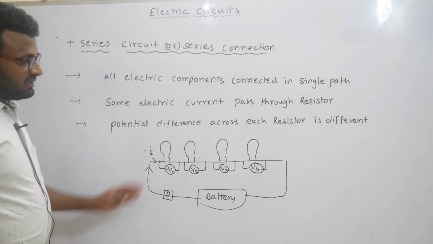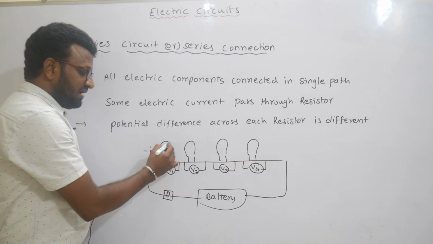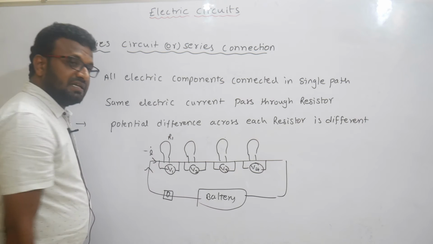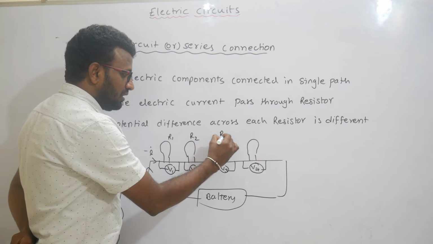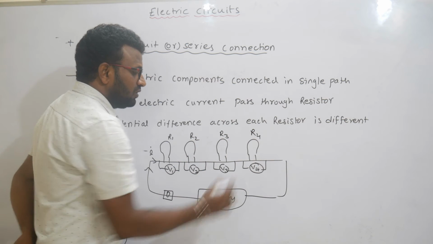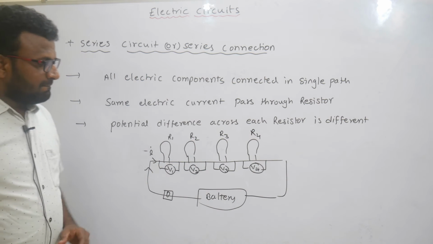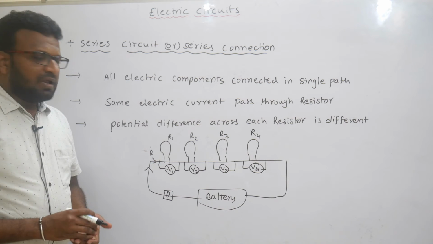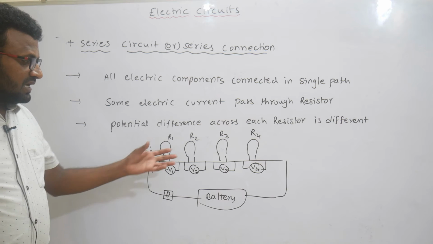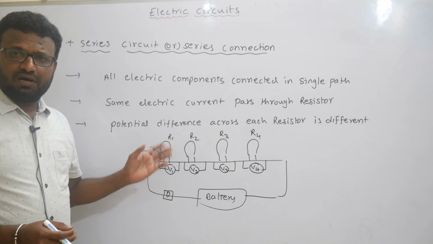These electric bulbs have resistances. I am going to take R1, R2, R3 and R4. So this is the general circuit for a series connection. This is the general diagram. Now these 4 bulbs have different resistances.